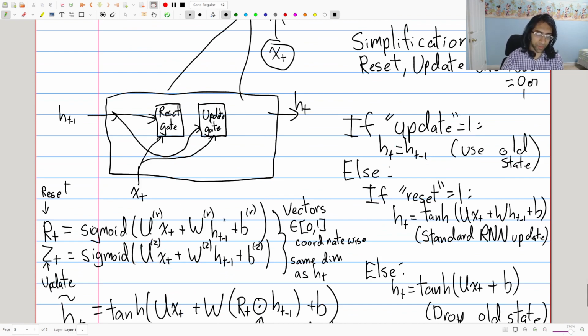What can I say? Let me finish off this diagram, just because I started it. What we've got so far is that we define these R and Z things, which take in the inputs. We get some signal here, which comes out of the reset gate, which will be H tilde of t minus 1.